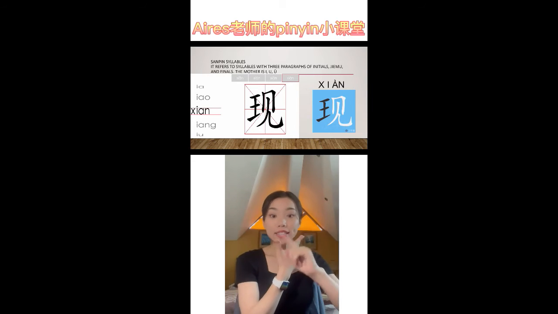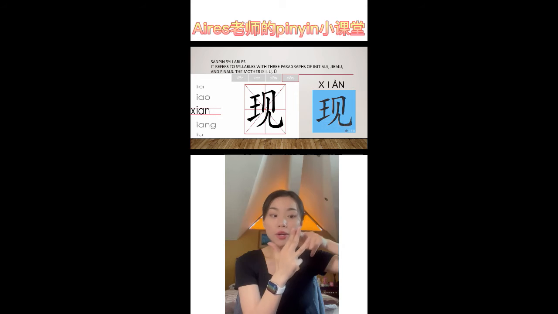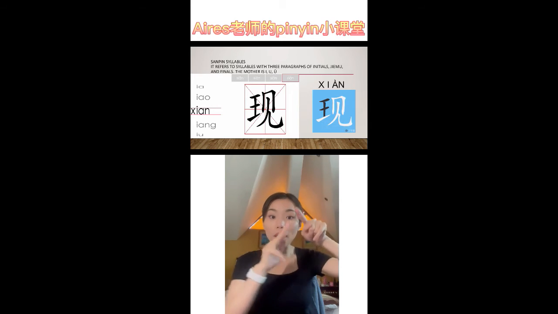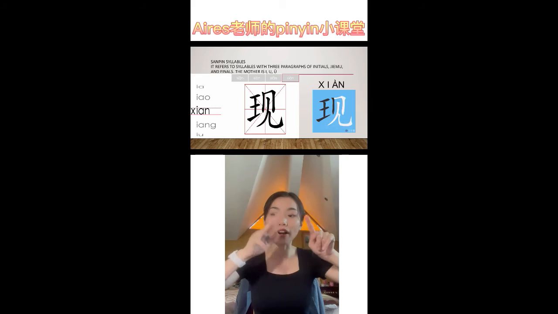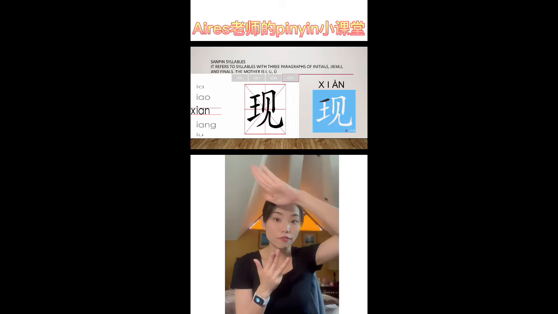Xi initial, yi first final, and an second final. That is the whole final part, and the third part is a tone, the fourth tone.